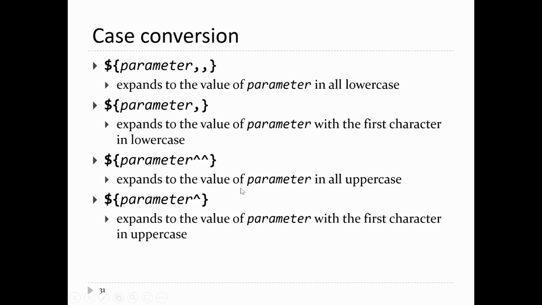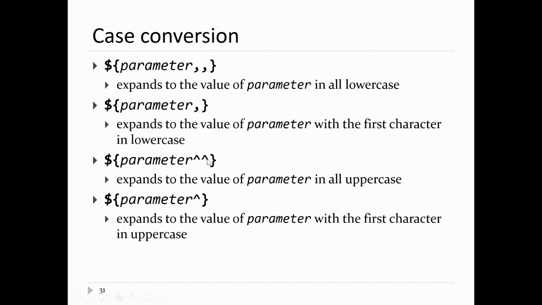So Bash has these four conversions for you that do nothing but case conversion. It's really weird. So comma, comma expands to the value of that variable in all lowercase. Comma expands to the value of that variable, but only converts the first character to lowercase.